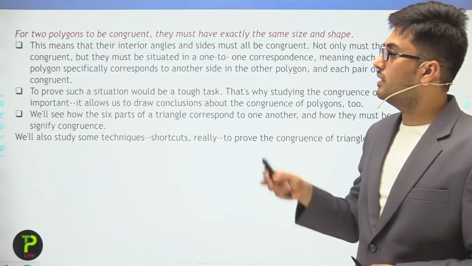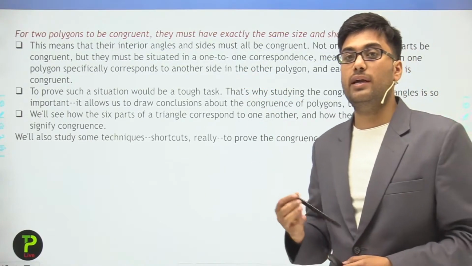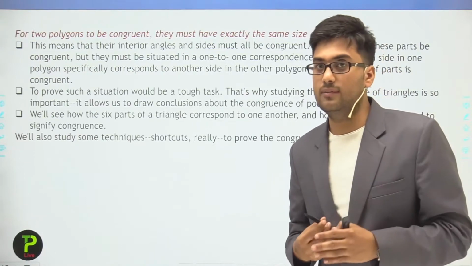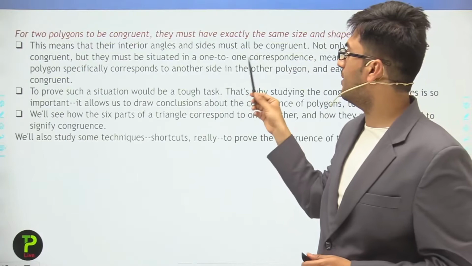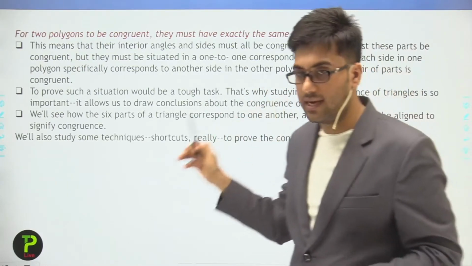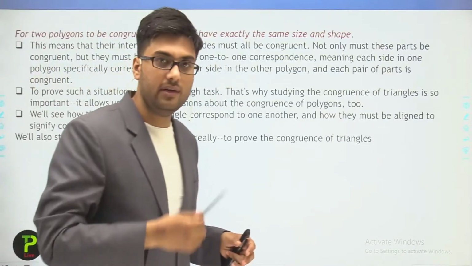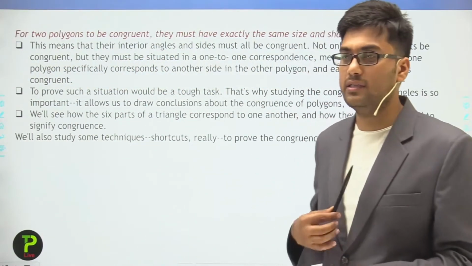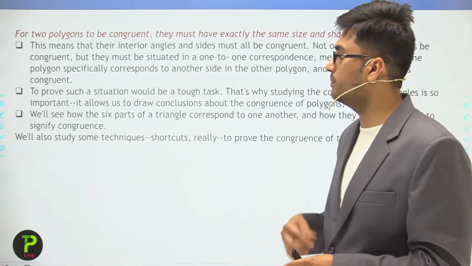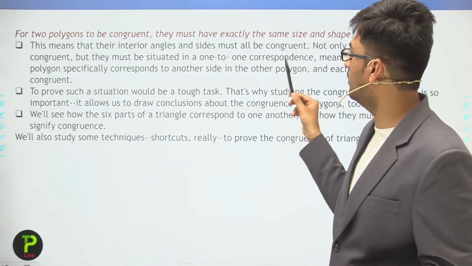Now students, we discuss the criteria for the congruency of polygons. For two polygons to be congruent, they must have exactly the same size and exactly the same shape. This means that their interior angles and sides must all be congruent.